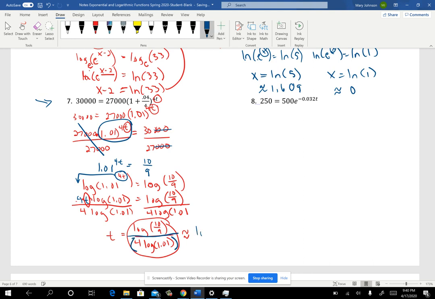So when you enter it, it'd be log of 10/9, and then divided by, and then parenthesis 4 log 1.01, close it, okay? All right, and so that turns out to be, that wasn't yet rounded. I didn't round yet. I just showed you how to enter it. That still equals, and then that turns out to be about 2.647.